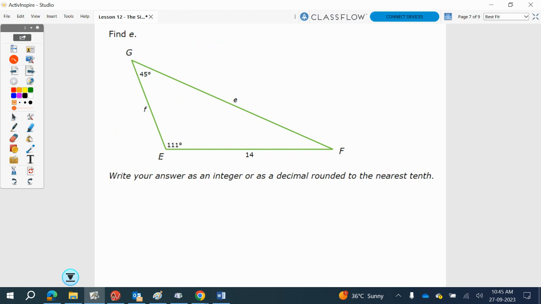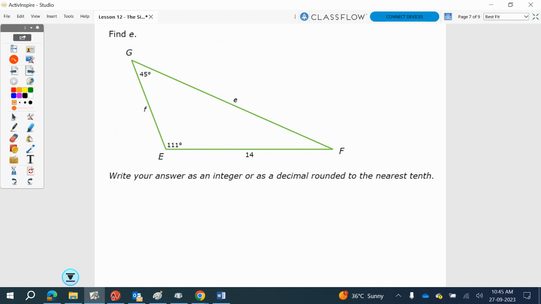All right, so have a go at using that formula now to find the length of E. You need to write it down and use your calculator. Is it E over 4 equals, no, E over 11?